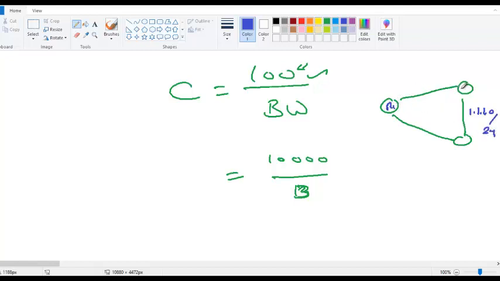R1, R2, R3. Now it is easy. You see, let's say I got a 10 gig link, and I got a 1 gig link, and I got another link, let's say 100 meg for the backup. Now let's see the calculation, the cost.